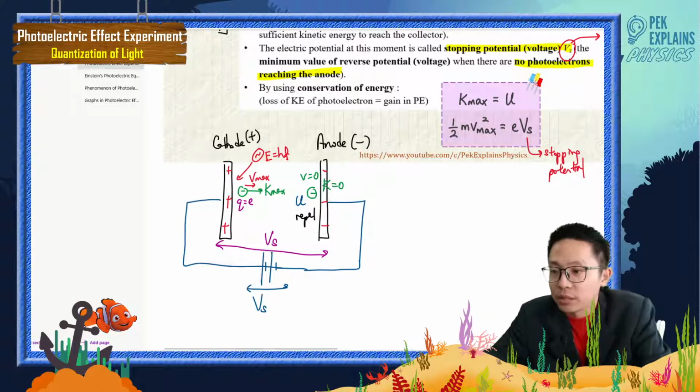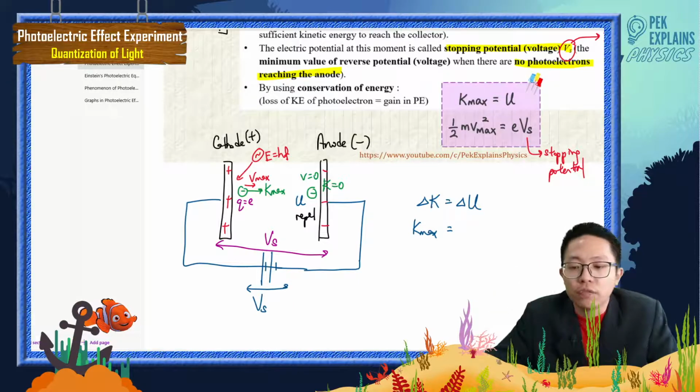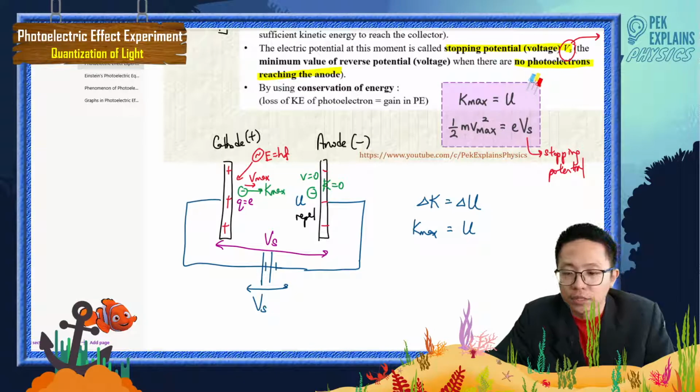So we can use conservation of energy here: change of kinetic energy equals change of potential energy. The kinetic energy is the maximum kinetic energy, totally converted to potential energy. Understand or not? That's why Kmax is half m vmax squared.